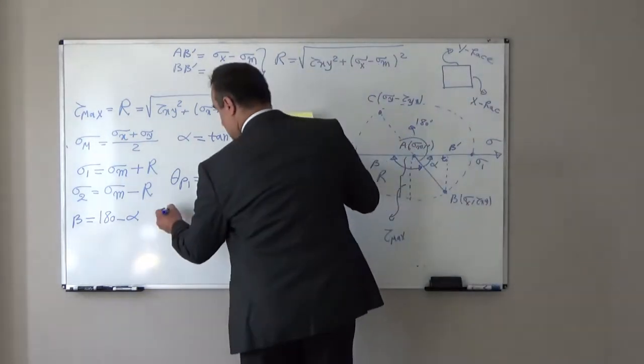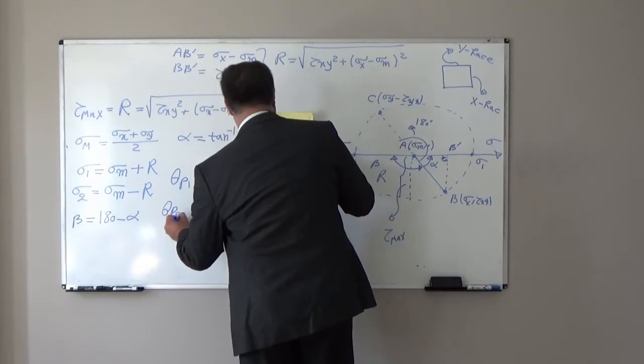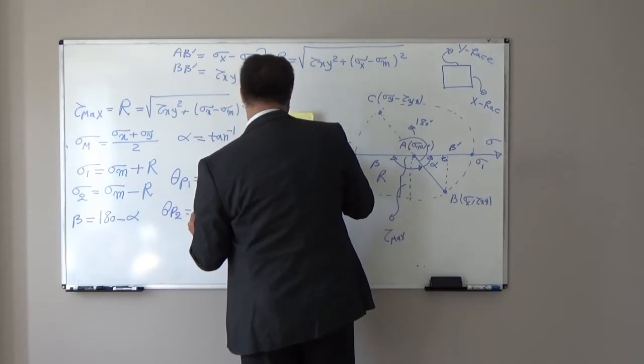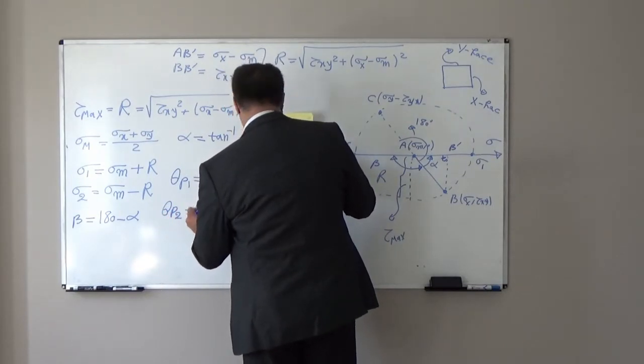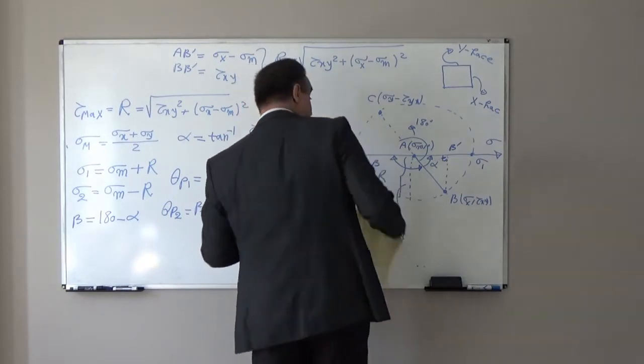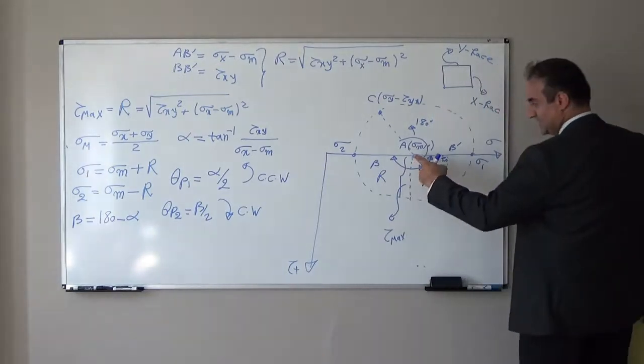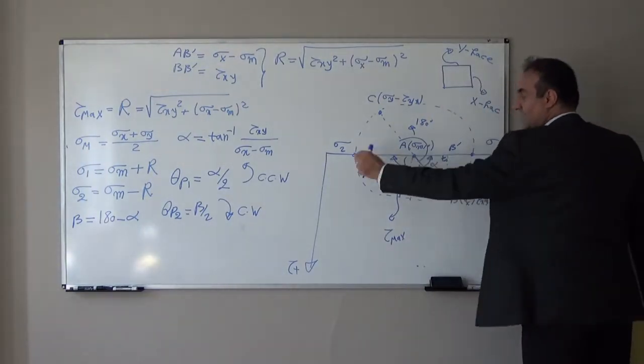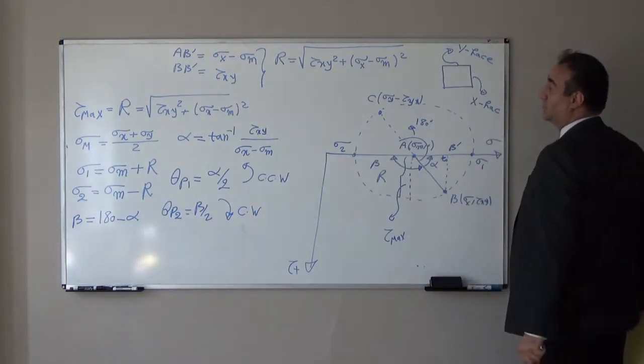So theta p2 will be half of that, beta over 2 clockwise. If we rotate this radius by angle beta, we will reach sigma 2.